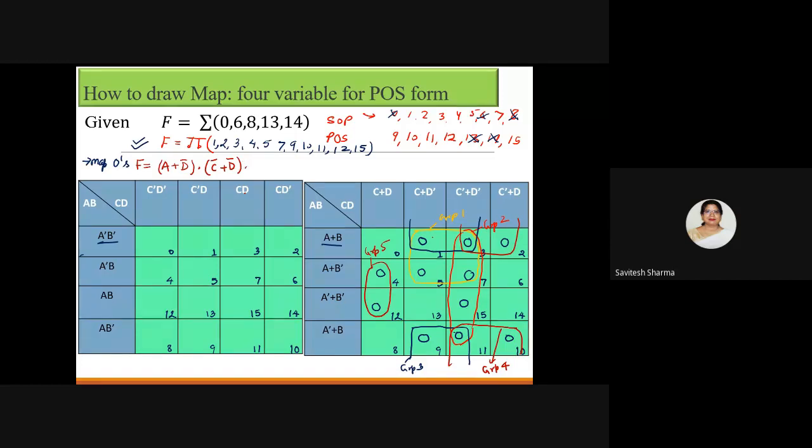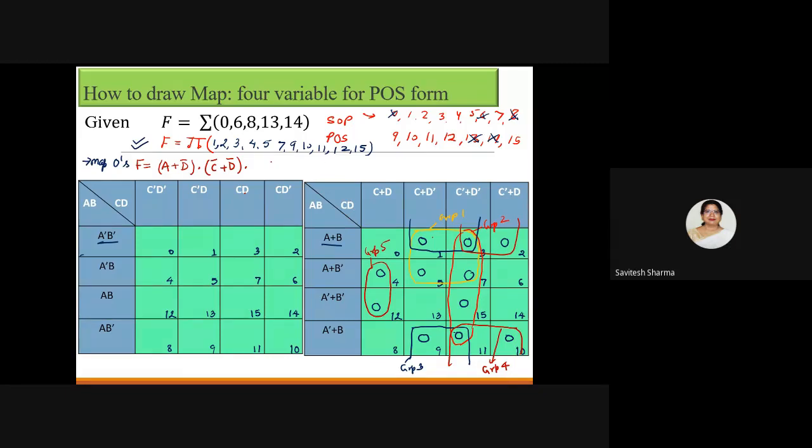Dot. So you see that I am now separating each term that I am getting for each group with a dot, because I am writing product of sums. So I am taking product. Okay. So each term you will write as product.